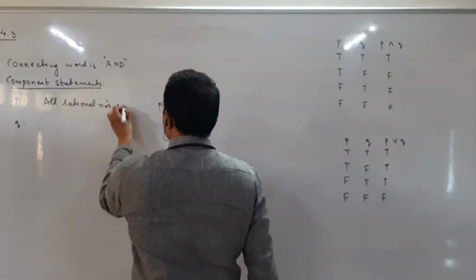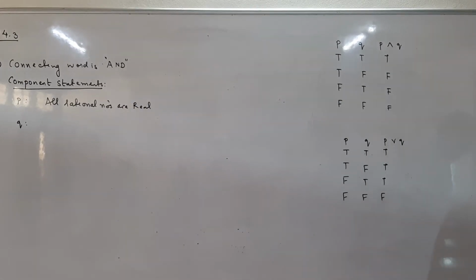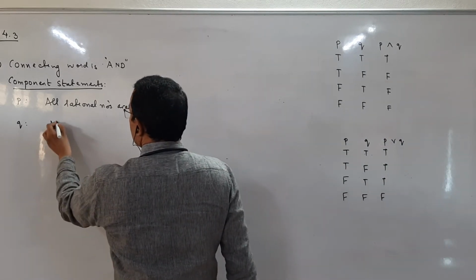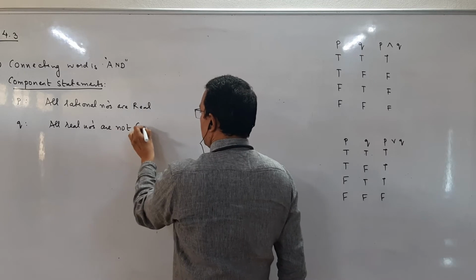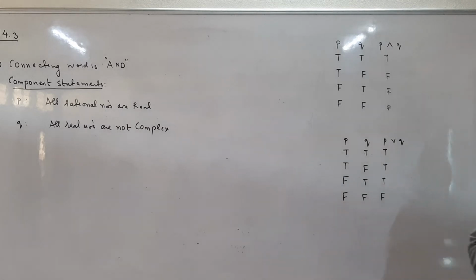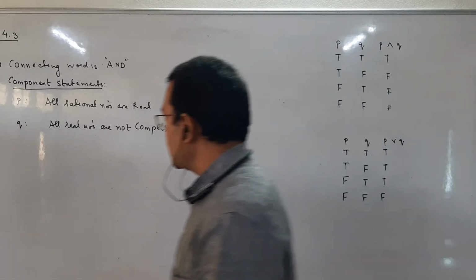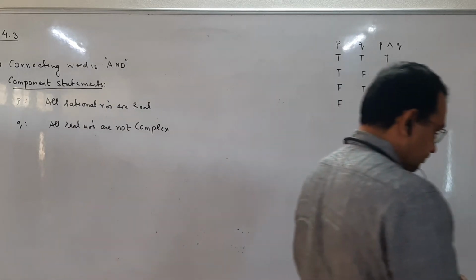And, students, the statement Q will be: all real numbers are not complex. So simply, students, we are to identify the connecting word, and after identifying the connecting word, we have to simply write the component statements.